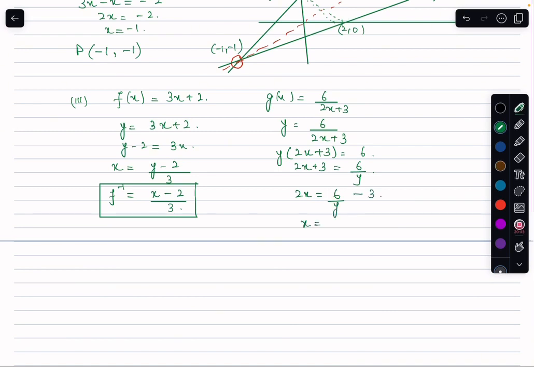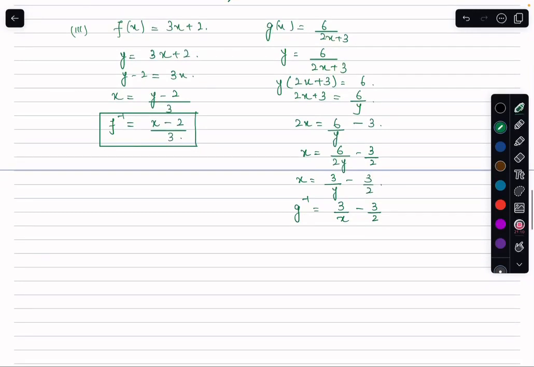Dividing by 2, x equals 3 over y minus 3 by 2, so g inverse is 3 over x minus 3 by 2.